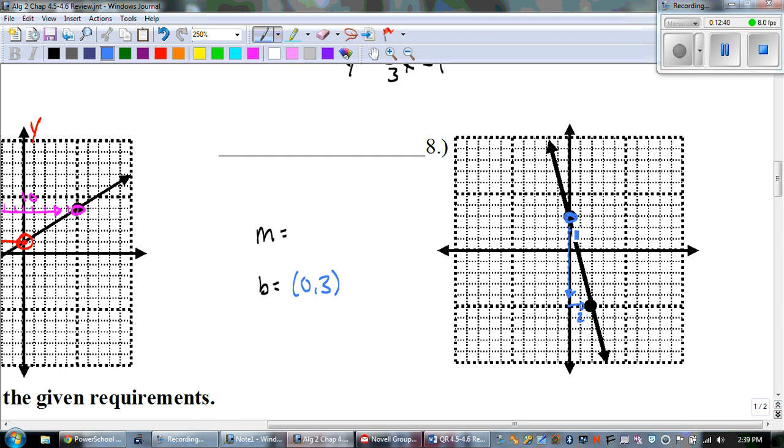How many did we fall? 1, 2, 3, 4, 5, 6, 7, 8. So we went down 8 over 2, which is negative 4. So we get y equals the slope, negative 4x, and then the y-intercept of 3.